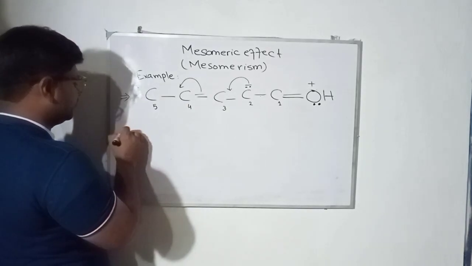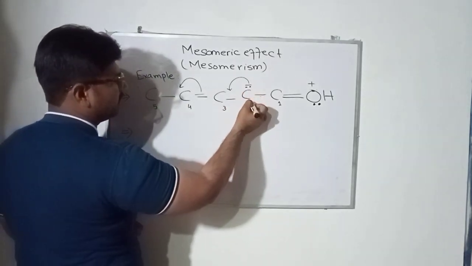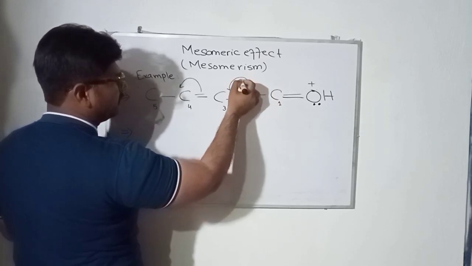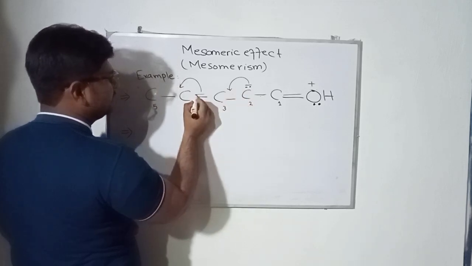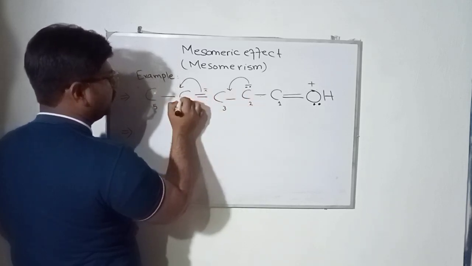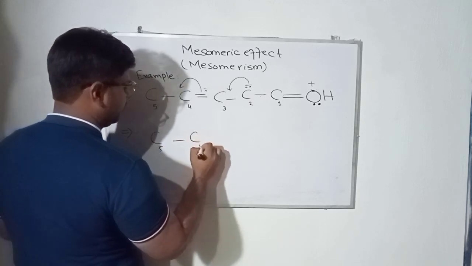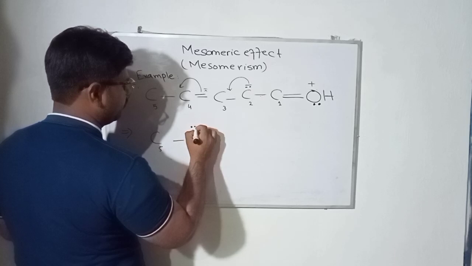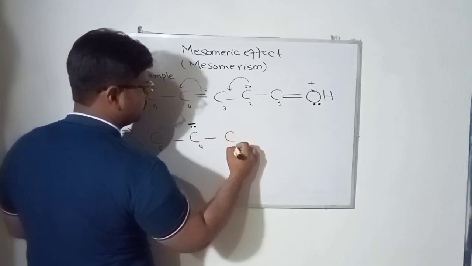Now the second resonance structure will be formed when the electron on the carbon number 2 will delocalize and jump in between C3 and C2, and this pi electron will jump onto this carbon atom. So let's draw our second resonance structure. C4 will get electron and single bond C3.